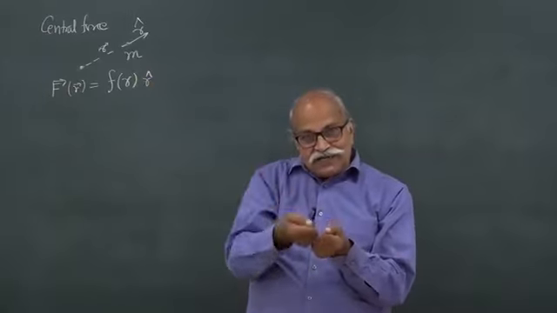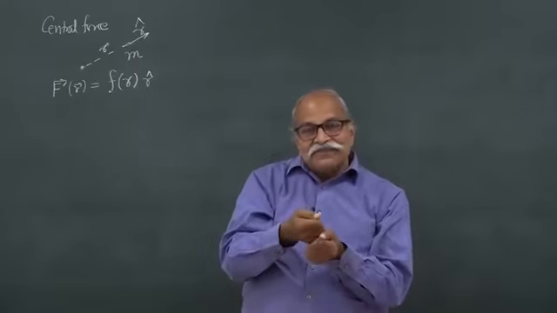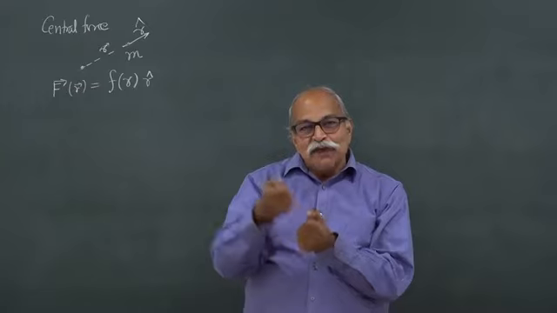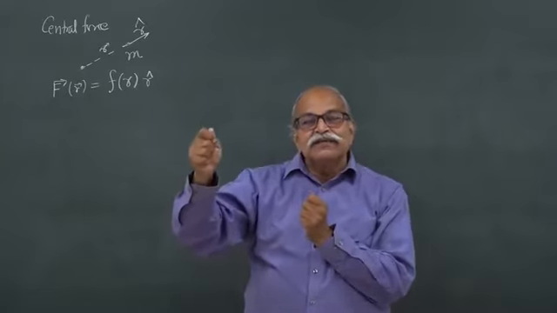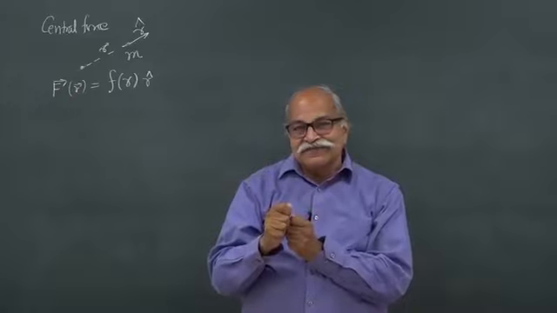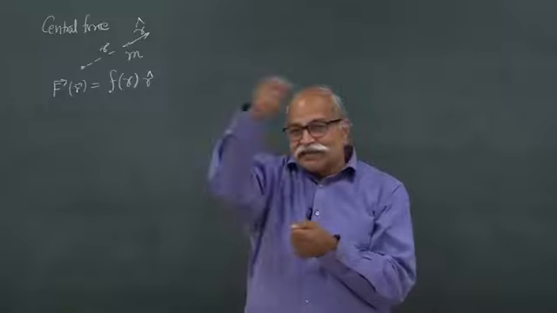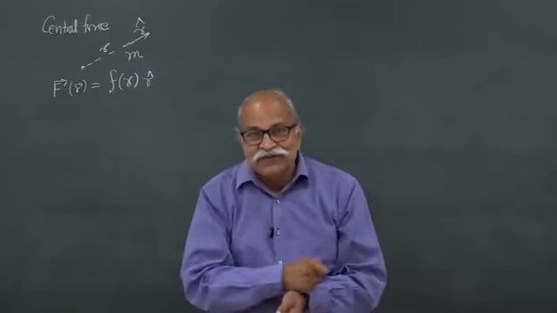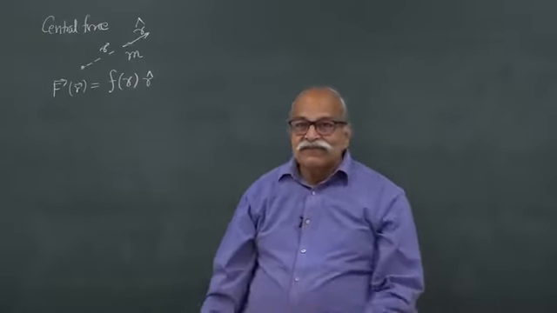So, the force is in the direction of the sun, that means opposite to the position vector, and the magnitude depends only on the distance between the sun and the planet. The sun is given, the planet is given, so m1, m2 is there, capital G is there. So, it is only by r square, it depends only on r, not on the direction.